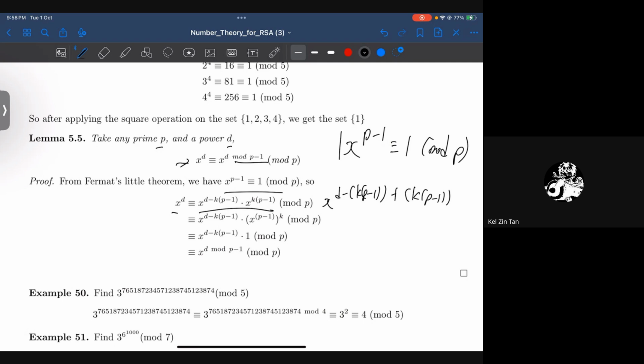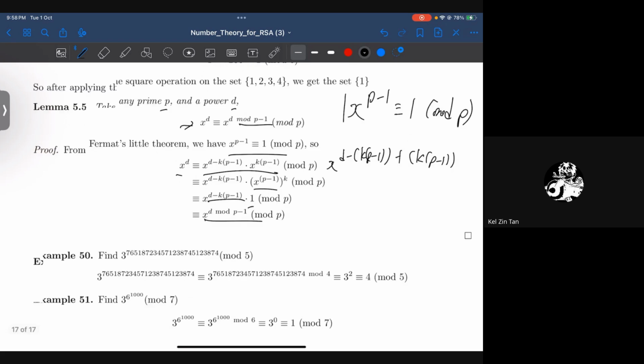So x to the power of k(p minus 1), I can rewrite as x to the power of p minus 1, raised to the power of k. x to the power of p minus 1, by Fermat's Little theorem, is 1. And then 1 to the power of k is 1. So it says that I can deduct from my d however many times of p minus 1, and the modular equation will hold. So x to the d mod p minus 1 is equal to x to the power of d modulo p.